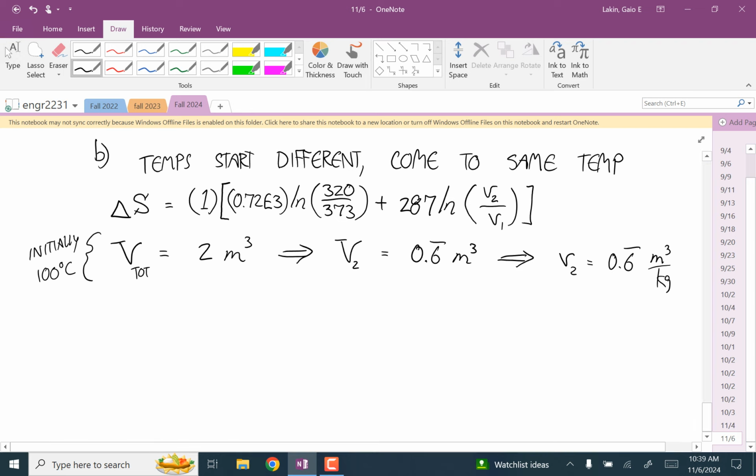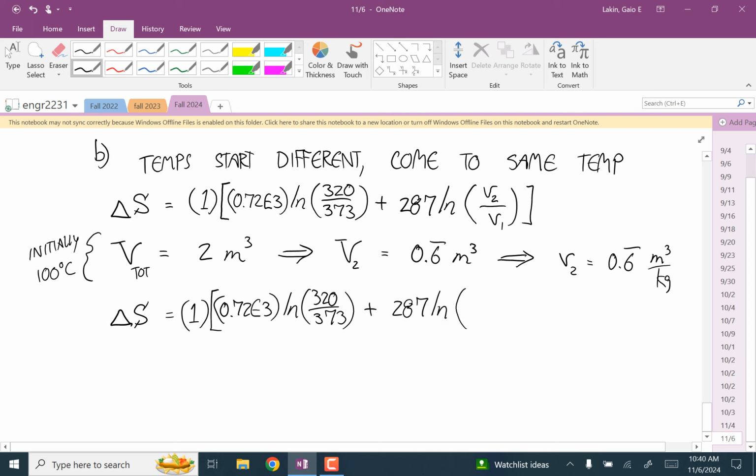And so we have delta S is equal to 1 times 0.72 times 10 to the third times the natural log of 320 over 373, plus 287 times the natural log of the final, which is 0.6 repeating, over the starting.